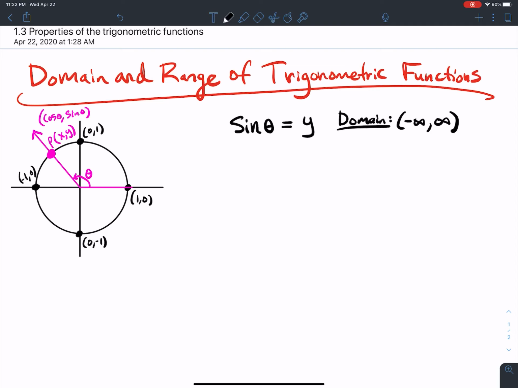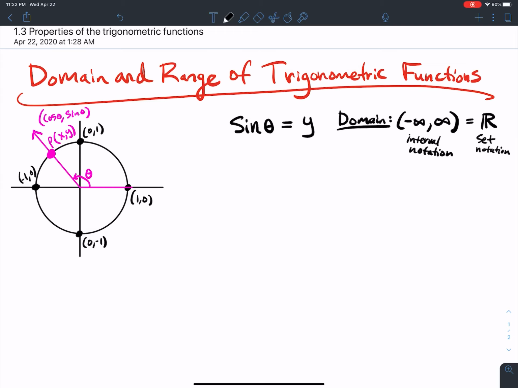Now, if you want, you could write this script R here. This is set notation. If it tells you to put interval notation, this is negative infinity to positive infinity.